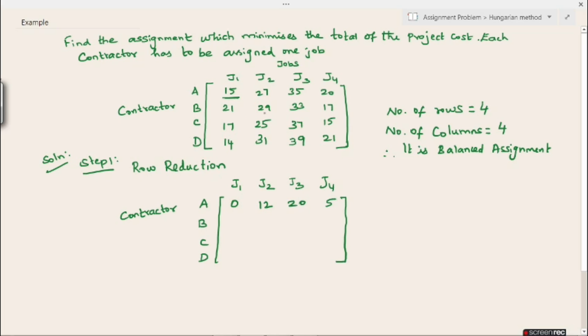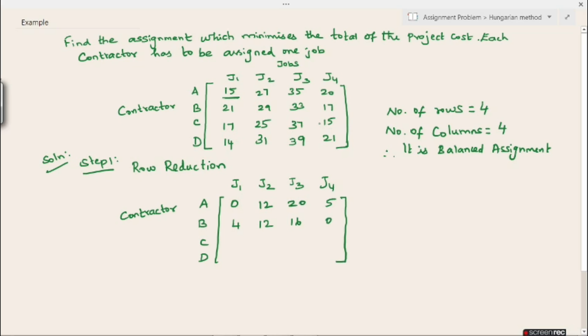Next in the second row, the minimum value is 17. So 21 minus 17, 29 minus 17, 33 minus 17 and 17 minus 17, that is 0. In the next row, the minimum is 15.